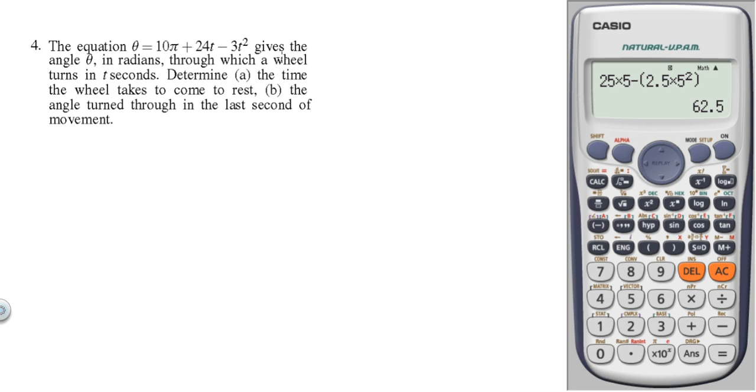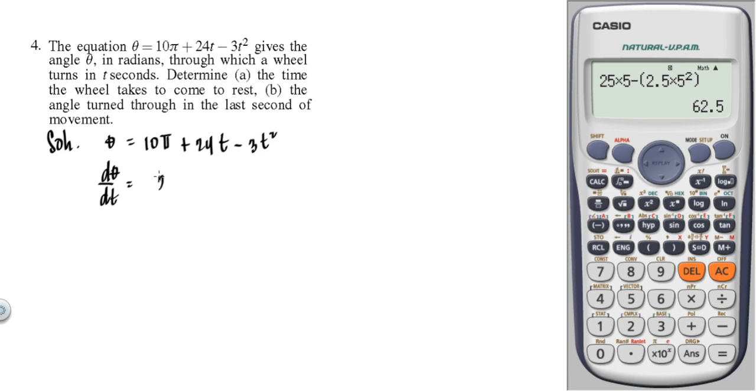So, solution is, syempre, let's write the equation muna: 10 pi plus 24t minus 3t squared. So, ang hinahanap natin, letter A, is the time the wheel takes to come to rest. Okay? So, what is the time? So, we need to differentiate this. d theta over dt equals, for 10 pi, oops, 0, no? Constant. Yes.